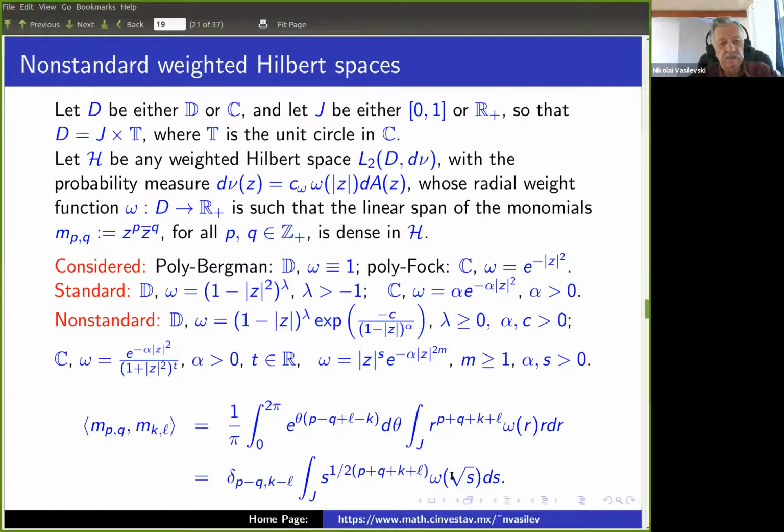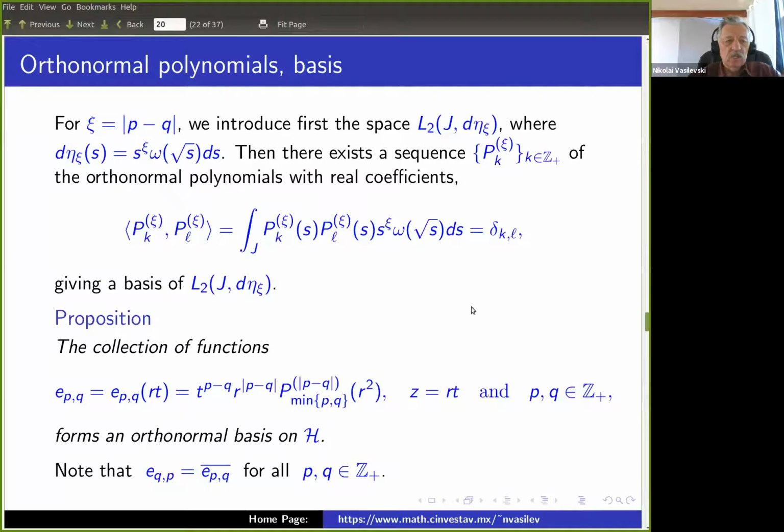And the next step is to construct the orthogonal basis in our space H. So we fix the modulus of the difference between powers and introduce the space L2 over J with this weighted measure, d nu psi of S. Then, by the classical theory of orthogonal polynomials, there exists a sequence of orthonormal polynomials in the space L2 over J that satisfy this property.